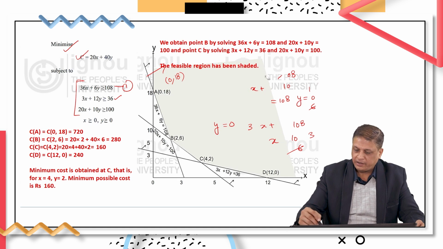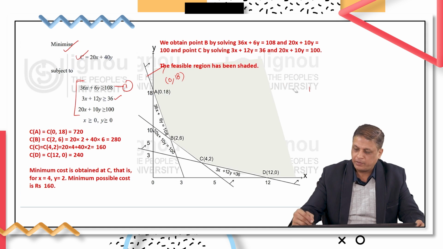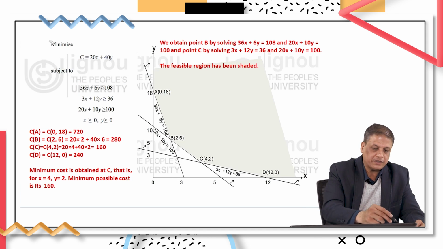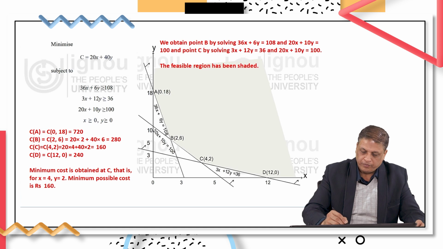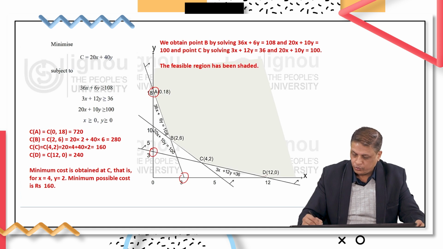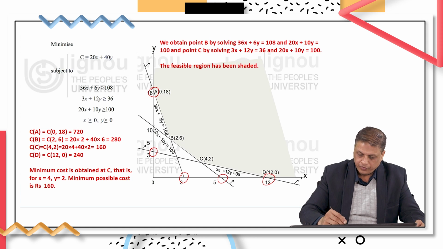There are three inequalities, so three line segments are drawn, and each has different intercepts. Likewise, we determined 18 and 3, you can determine 3 and 12, 5 and 10.